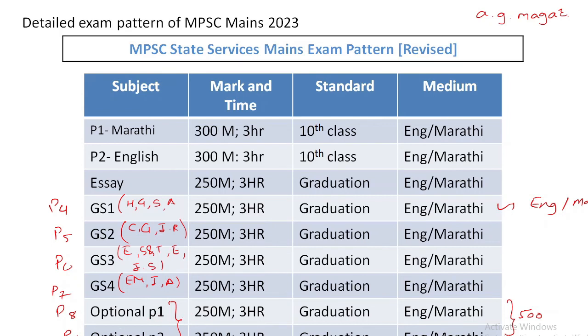So now let's see what the pattern of our exam is. Suppose A's optional is sociology. So he has to write two papers of sociology, called paper 1 and paper 2. So your whole optional consists of 500 marks, and the standard of these optional papers is equivalent to graduation.